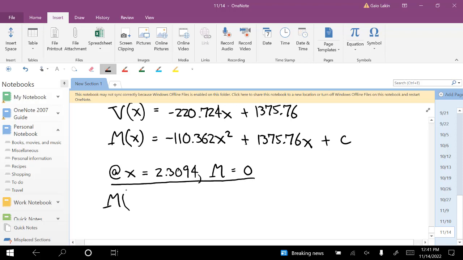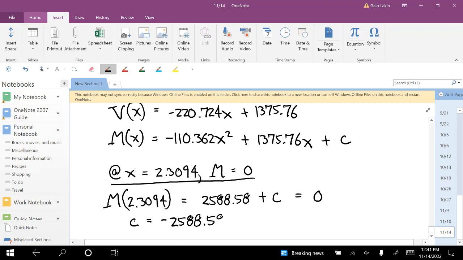So we're just going to evaluate this function at 2.3094, and you get 2588.58 plus c, and we're requiring that that's equal to 0. And so c is equal to negative 2588.58.